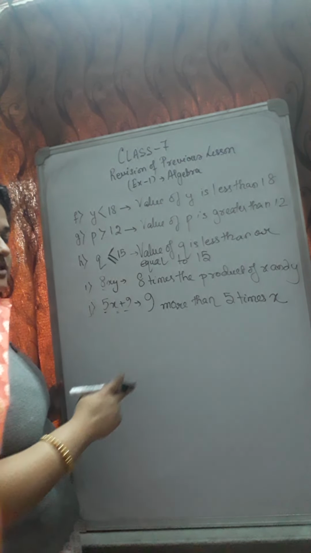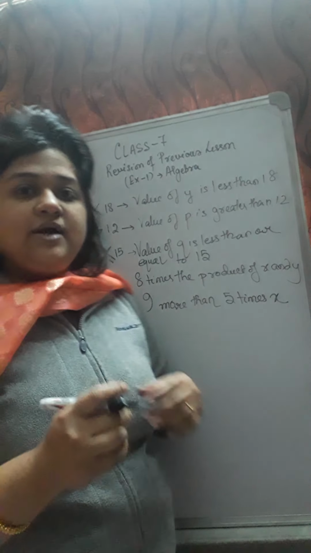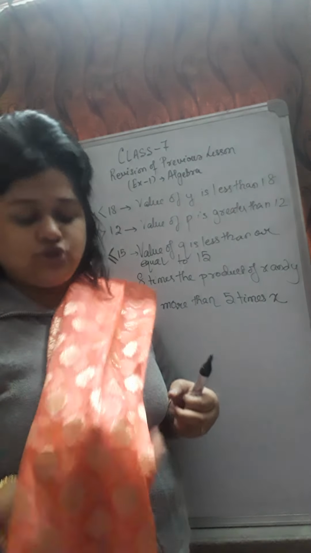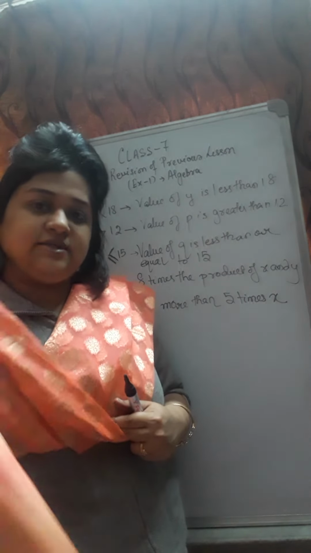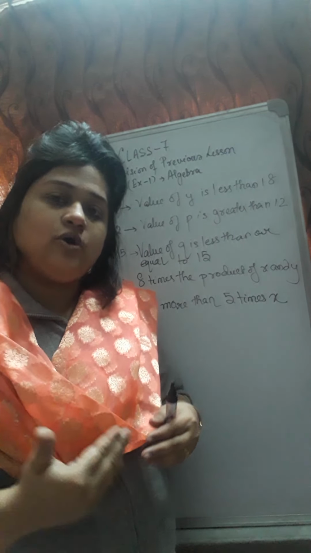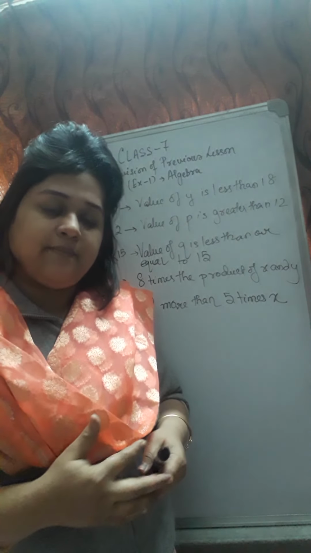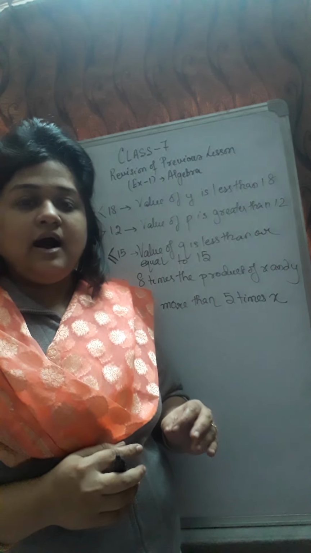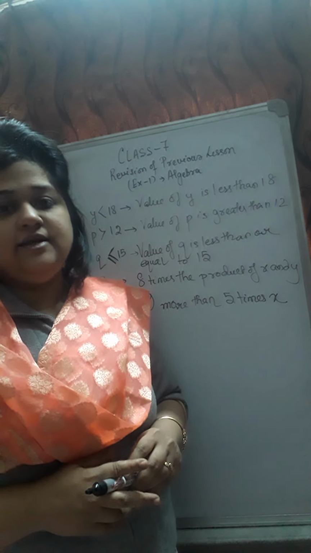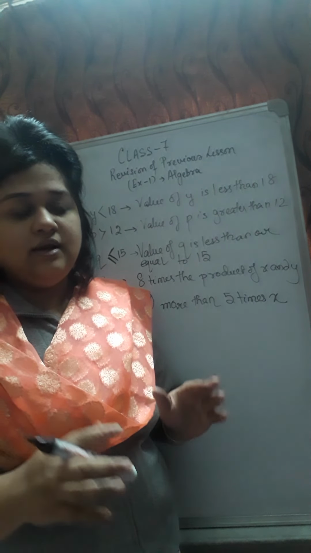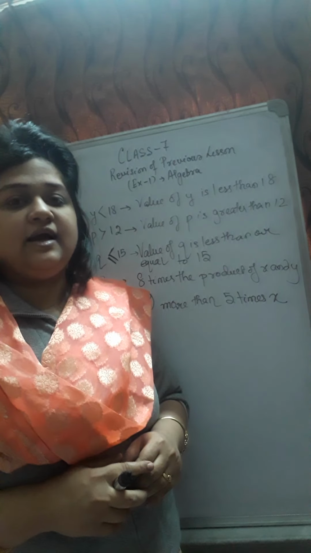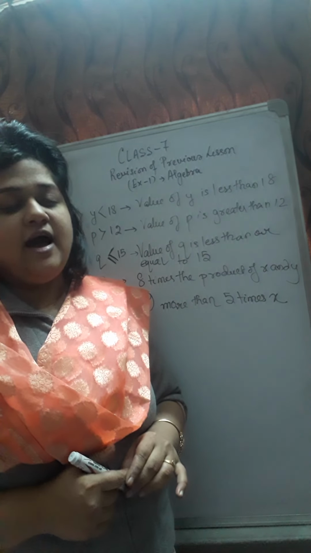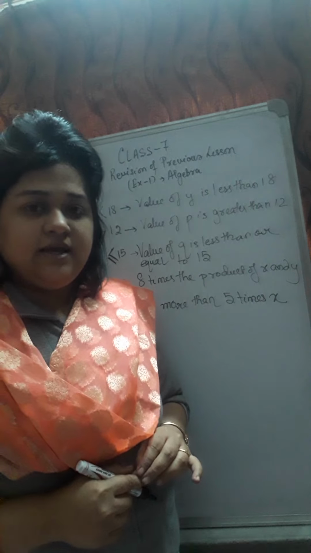5 times x. Now, the idea behind doing all the sums is just to show you how to write in words, because you have already done this. It's a revision chapter, but many are still unable to write in words in a particular form so that they can get full marks. And it is absolutely very easy.